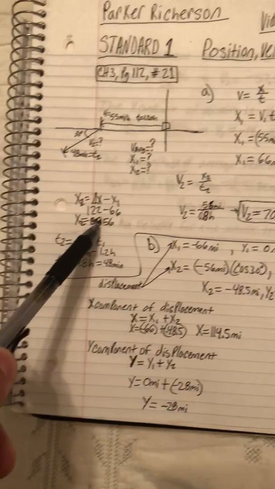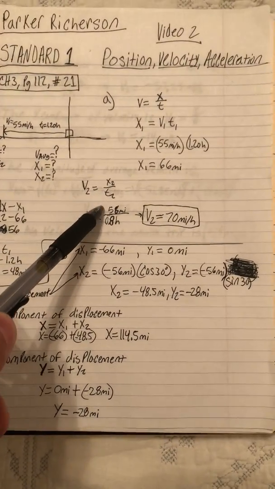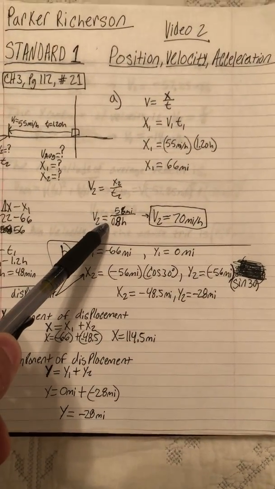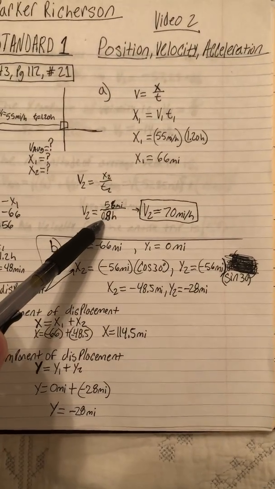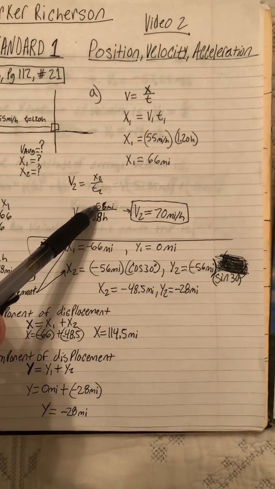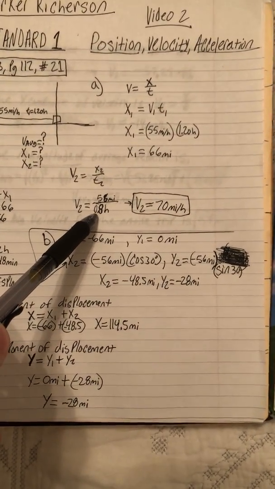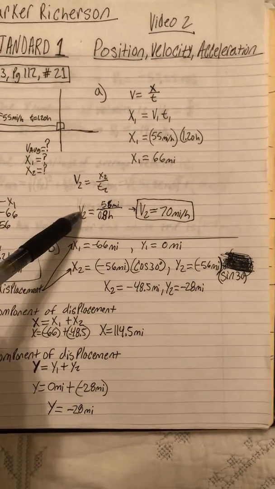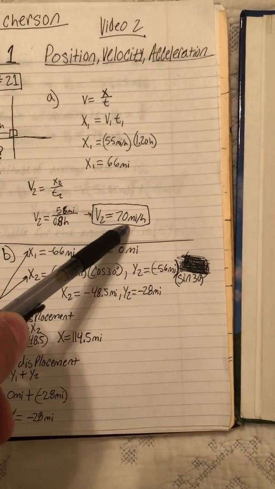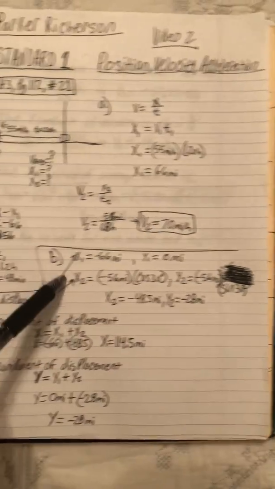So you take your x2 over here, and you know what your time 2 is, which is 0.8 hours equals 48 minutes. So you plug in the 56 miles over 0.8 hours to get v2, velocity 2. Velocity 2 equals 70 miles per hour.